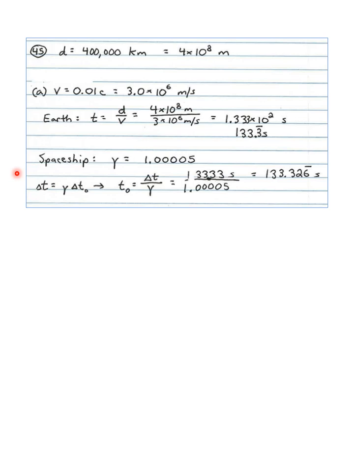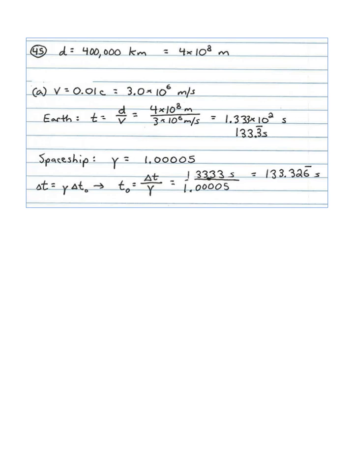And so the time as measured on Earth is gamma times the proper time. Proper time is on board the spaceship. So we're going to solve for proper time, delta t over gamma, and we get 133.33 repeating seconds divided by that gamma correction factor of 1.00005, and we get 133.326 repeating seconds.